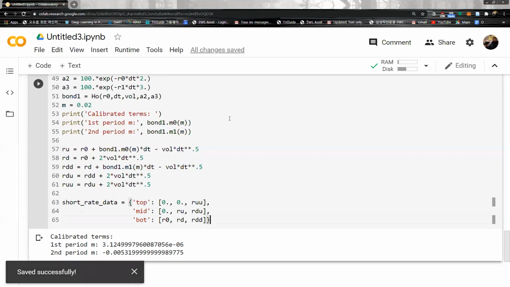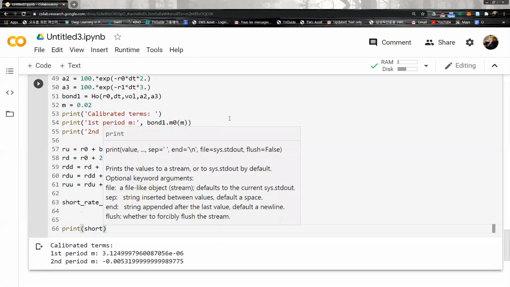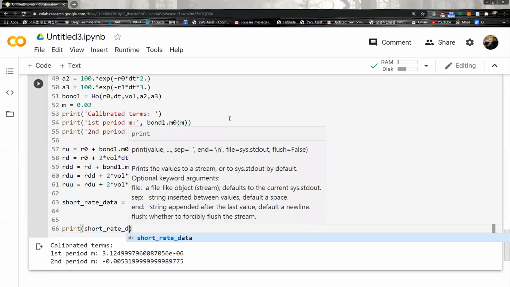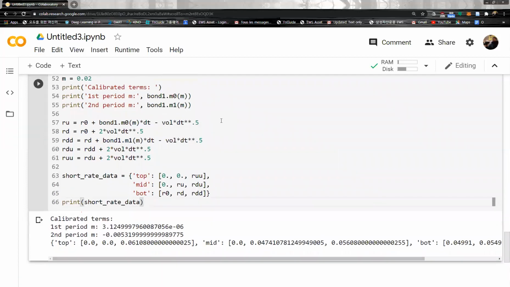And then let's print. If we print short rate data, it looks like this, and this is not so pretty. So let's make it prettier.